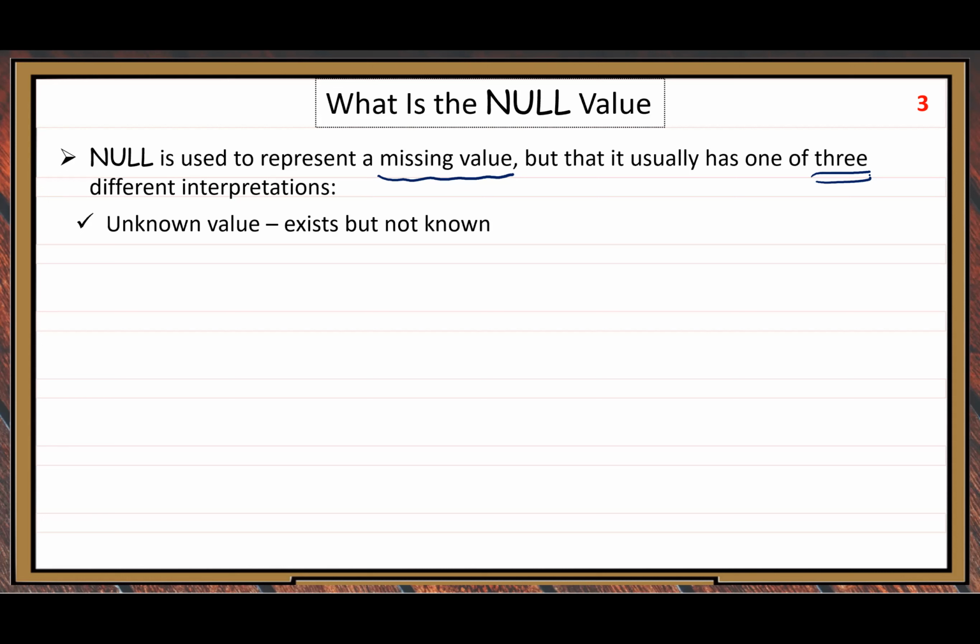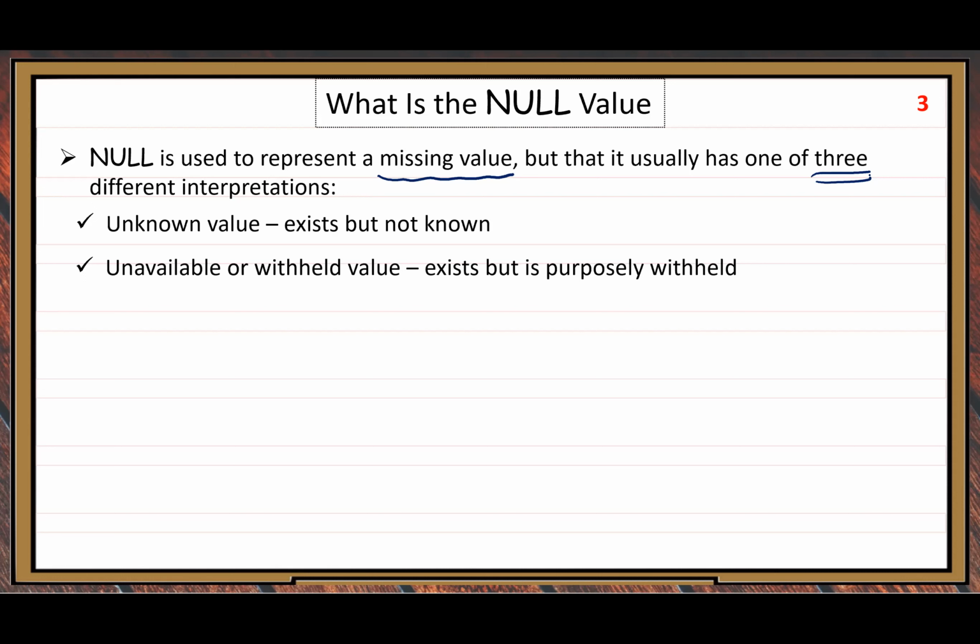The second case, unavailable or withheld value. It exists, but is purposely withheld. I mean, it is very sensitive, it is not exposed to ordinary people, let's say.